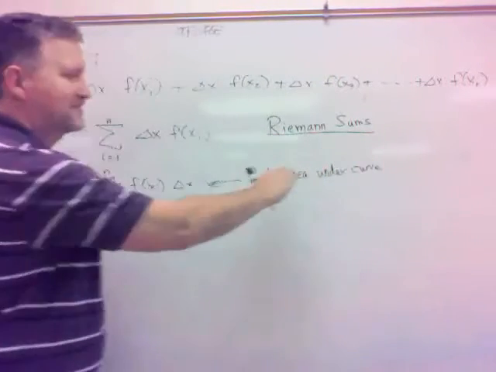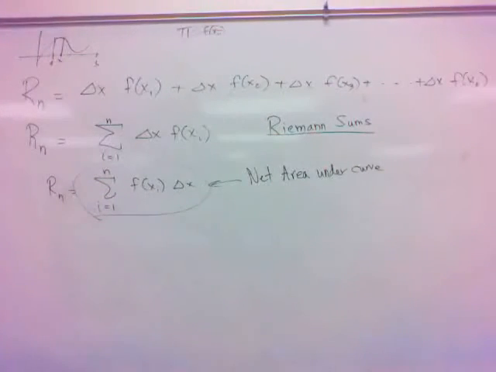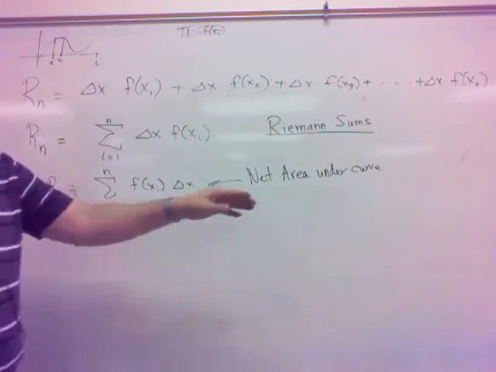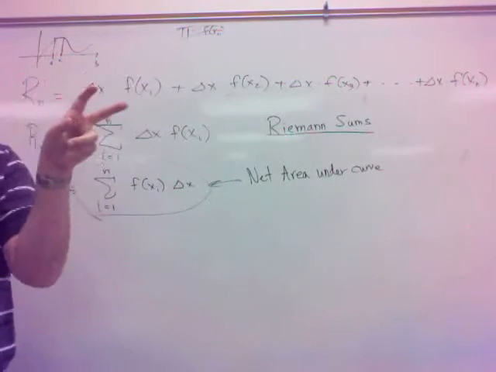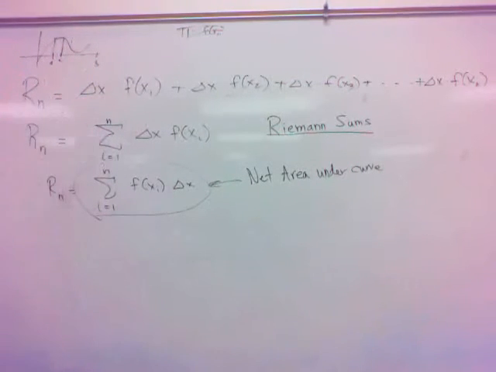Using some latitude there, because technically it's not under the curve, it's between the curve and the x-axis, but it's just easier to say under the curve, and you know what we mean, okay? And it's a net area. So that's what that means.